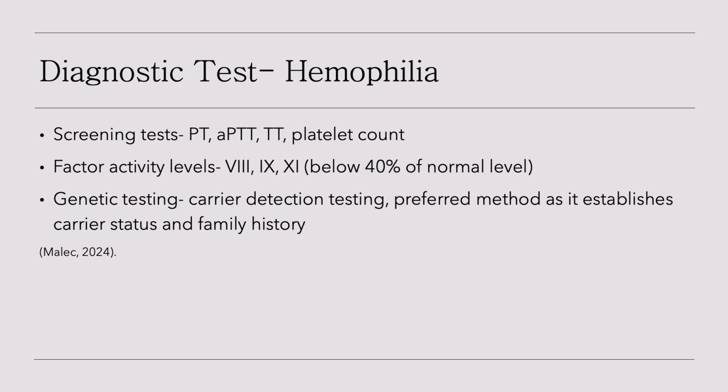Those levels would be 40% or more below the normal level. And then doing genetic testing, so looking at carrier detection, which is the most preferred method because it establishes carrier status and creates a family history of the disease, so diagnosis can be a lot more straightforward.